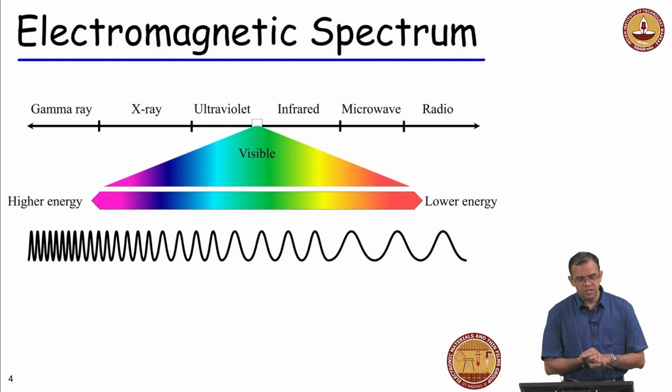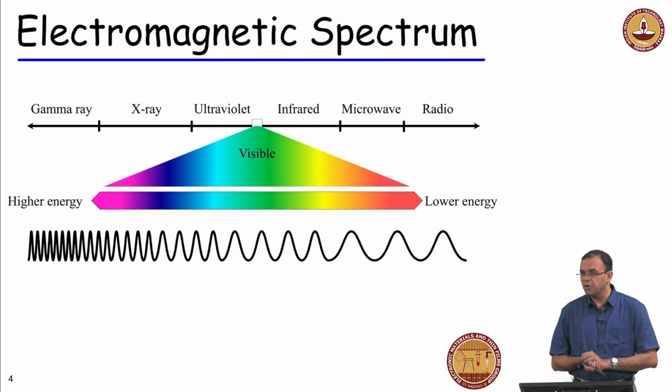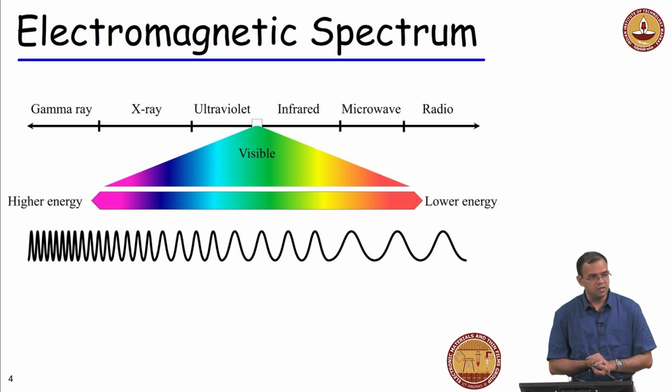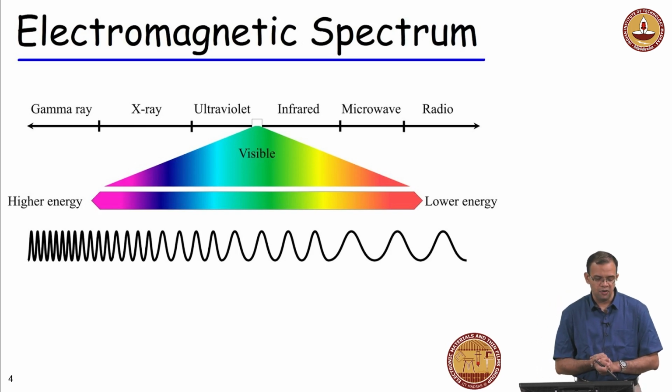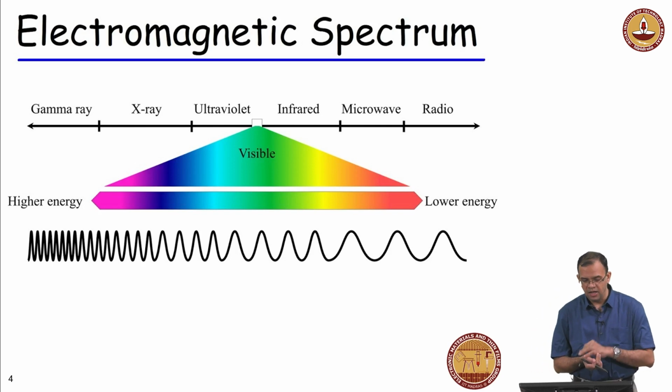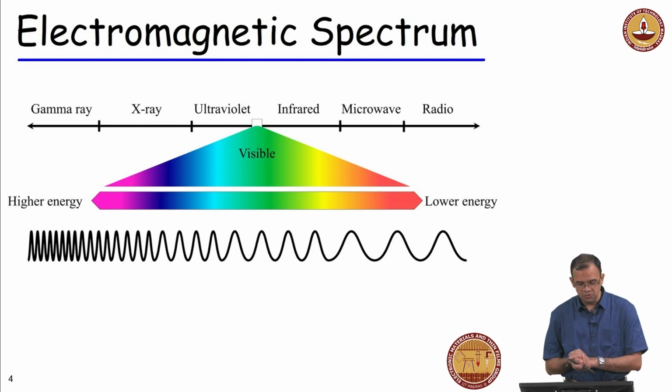So just for us to understand what sort of properties we are looking for in our semiconductors, I'll pull back a bit and tell you something basic. We are of course all familiar with the electromagnetic spectrum. It goes over a wide range, starting from gamma rays, X-rays, UV, IR, microwave and so on.